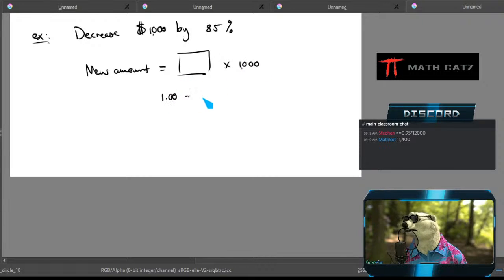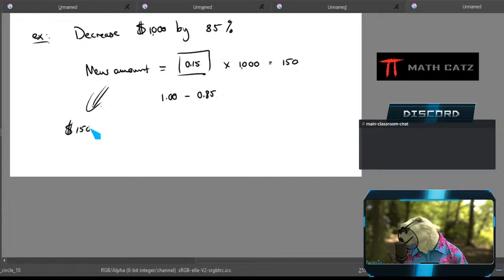It's my base 1, take away the decimal version of the percentage in question. So I have very little, unfortunately, left. Only going to be $150. So my new amount, maybe it was a very speculative investment, who knows. So it can happen. It's not as common. Small adjustments are more common, but it can definitely happen.